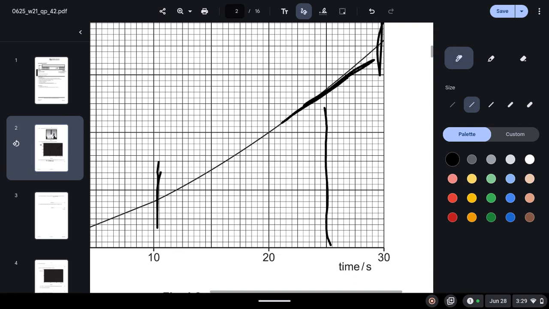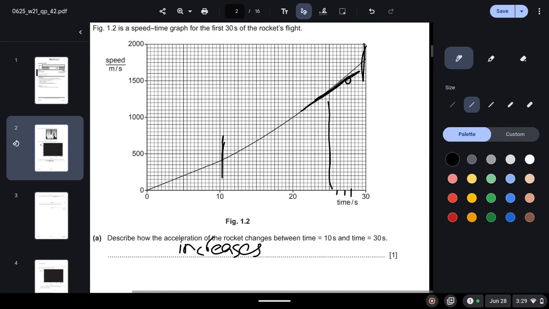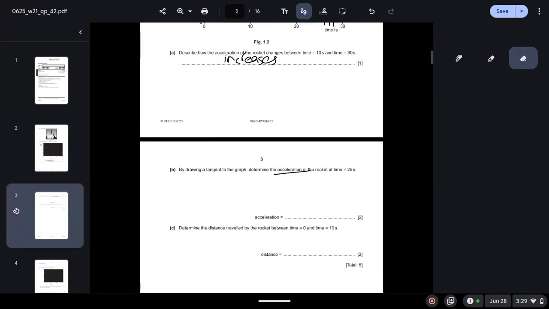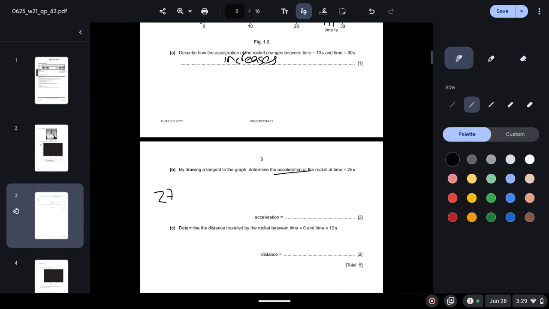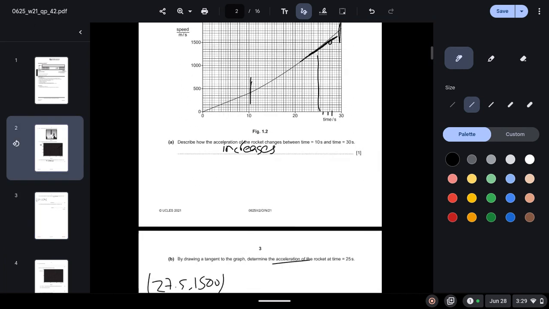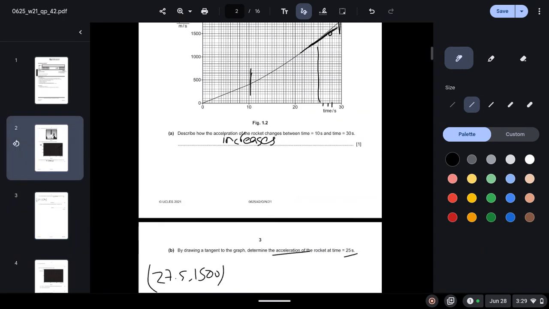I'm gonna take this point, which is 26, 27, 28, 27.5 and 1500. So 1 point you have 27.5 and 1500. And you can take any other point. You can also take the point itself at 25.